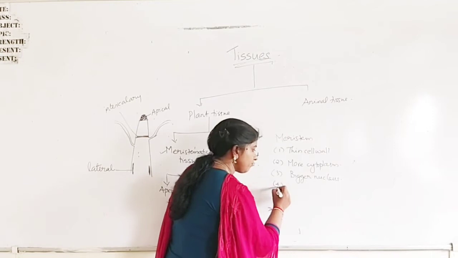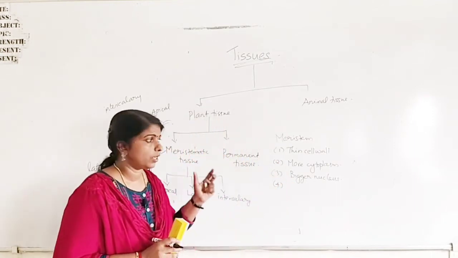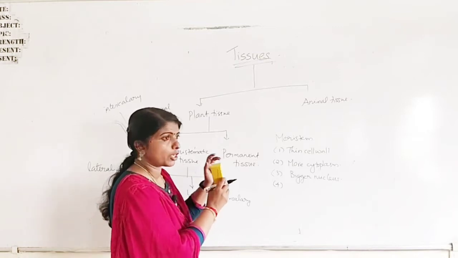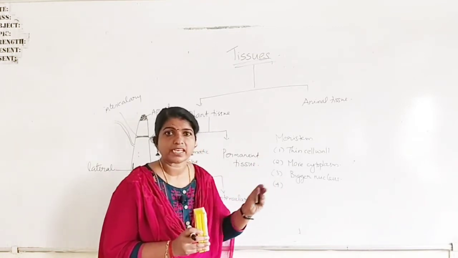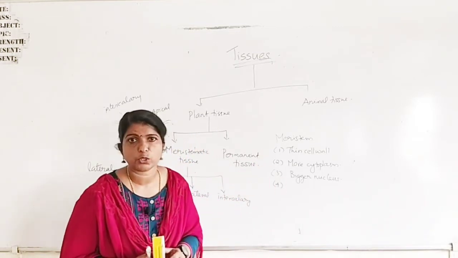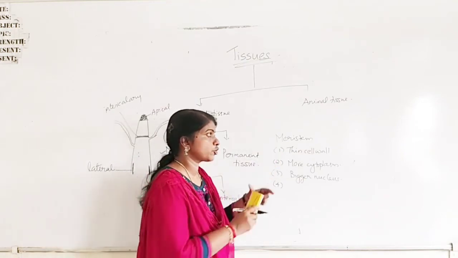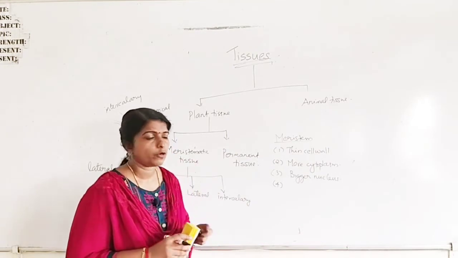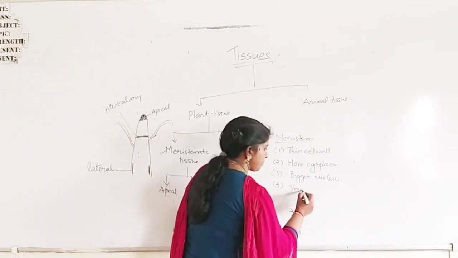Then in the first chapter you learned that the majority part of the plant cell is occupied by the vacuole. But here in the case of meristem, the vacuoles are so small. Small vacuoles.